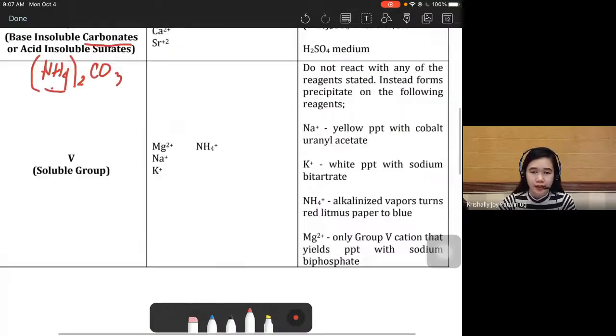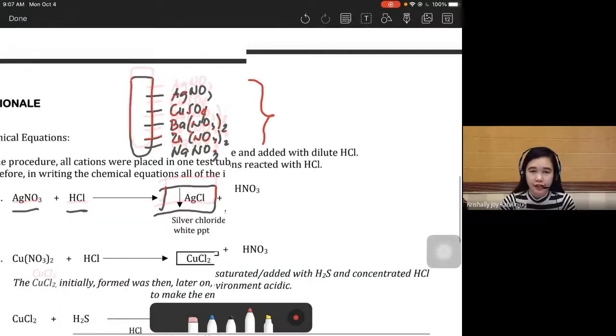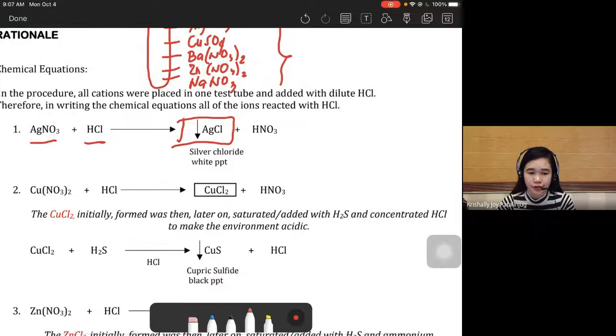Silver ion is a group 1 cation, so it will precipitate out in the presence of hydrochloric acid. Crisscross mo lang yan, the crisscross concept in order for you to predict the final product. Syempre, silver chloride will be the precipitate kasi nandiyan si silver. Di ba, the purpose is to precipitate out the silver.